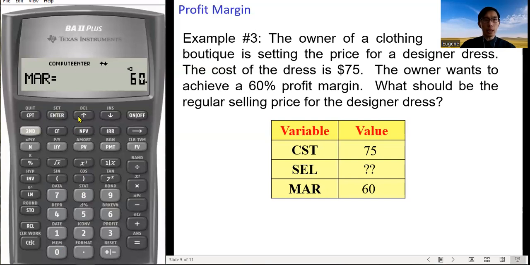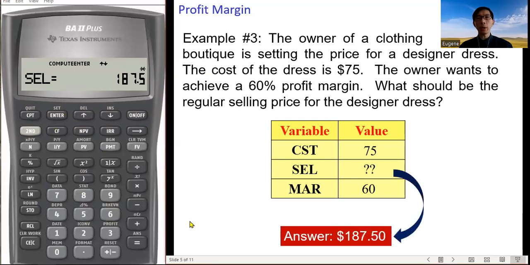And then I press the up arrow to get back to the variable SEL. Press the CPT button. And we get the selling price, $187.50. These are the problems related to profit margin.